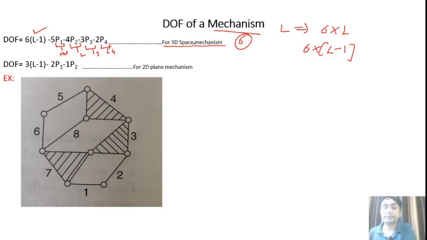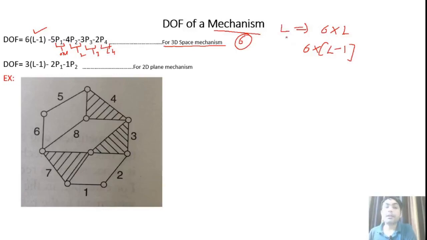My dear, in a mechanism there are L total number of links. If one link is fixed, then the number of independent motions is equal to 6 times (L minus 1).